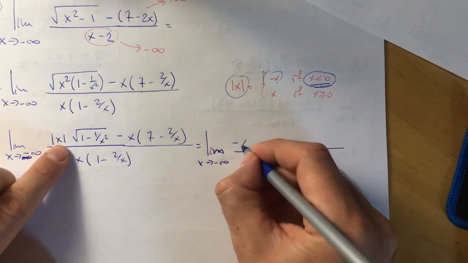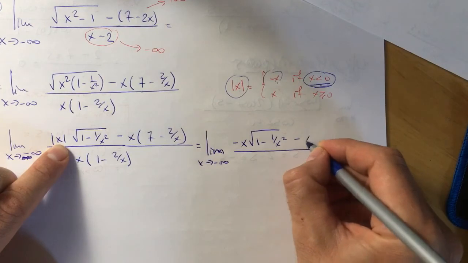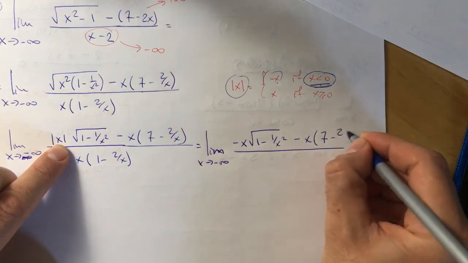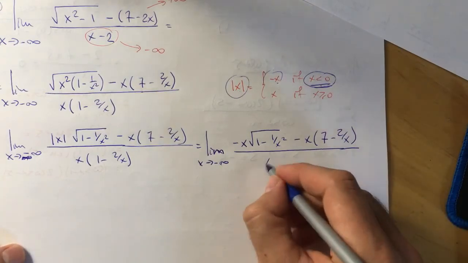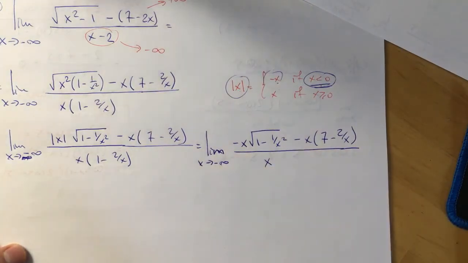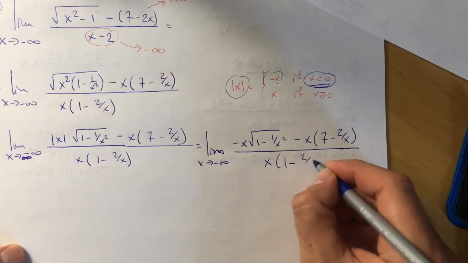So this becomes negative x square root of 1 minus 1 over x squared, minus x times 7 over x minus 2, over x times 1 minus 2 over x.